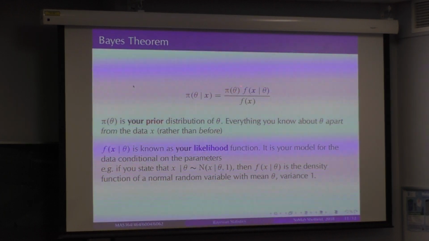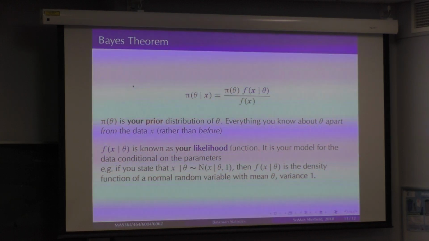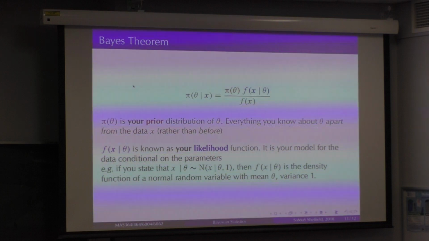Pi of theta, this guy is your prior distribution, right? It's a probability distribution on the unknown parameter. So this is a distribution that will describe your knowledge about that parameter without seeing the data, okay?